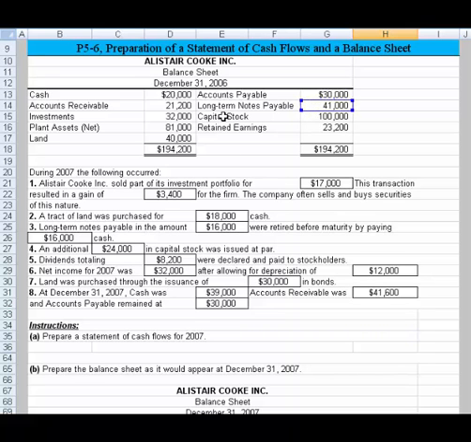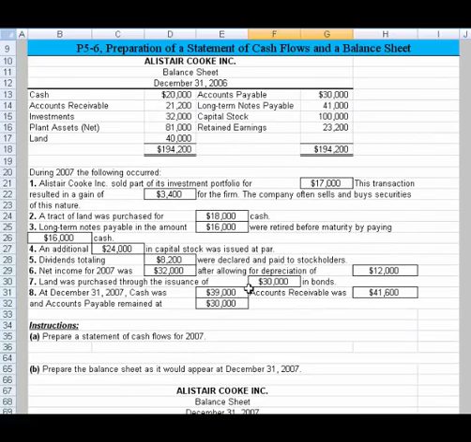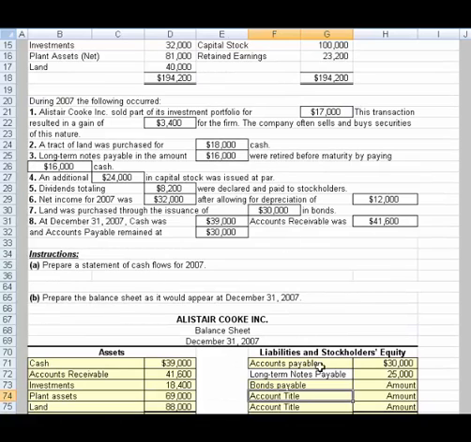So we'll take that 41 minus the 16,000, and if I slide up, that gets us to 25,000. Okay, then we have bonds payable, and we didn't have any to begin with, but we issued 30,000 in bonds to purchase the land. So we've got 30,000 on our books now. All right, that takes care of all of our liabilities, both short and long term.